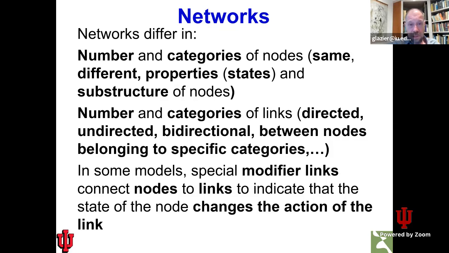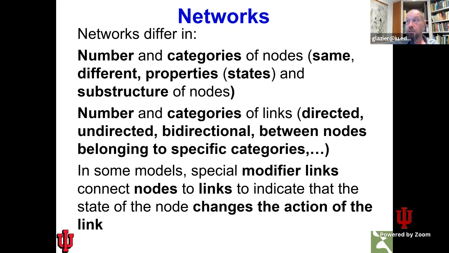A third one might represent horses. A fourth one might represent cities. So you can have nodes and models in which all the nodes are homogeneous in some way or all different. And again, what states those nodes have can differ depending on what you're trying to do. Whether the nodes have substructure, for example.